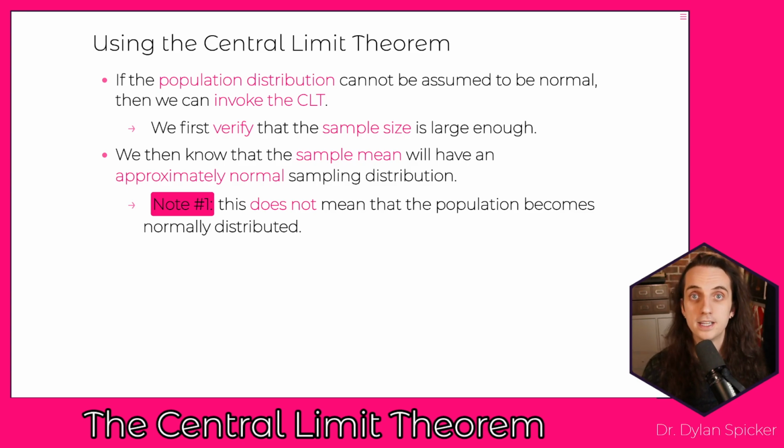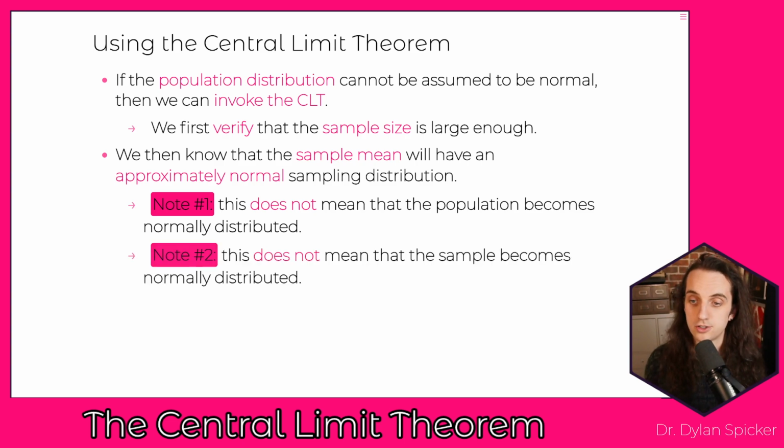So if we think back to those visual examples, that left-hand plot is not going to change. If you take a larger sample size out of it, you're not changing that left-hand plot. The population stays with whatever distribution it has, whether that's normal or exponential or multimodal or something else. The population distribution remains the population distribution. It's the sampling distribution that's changing.